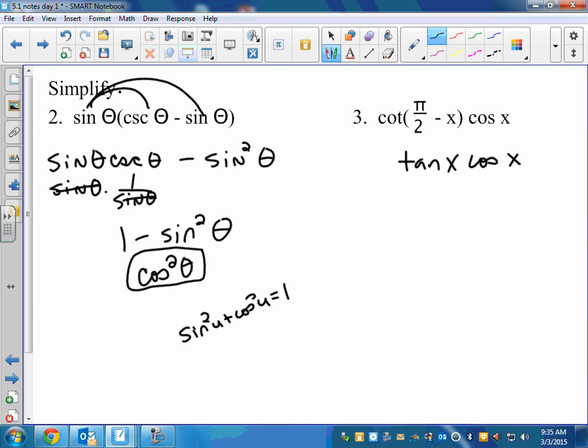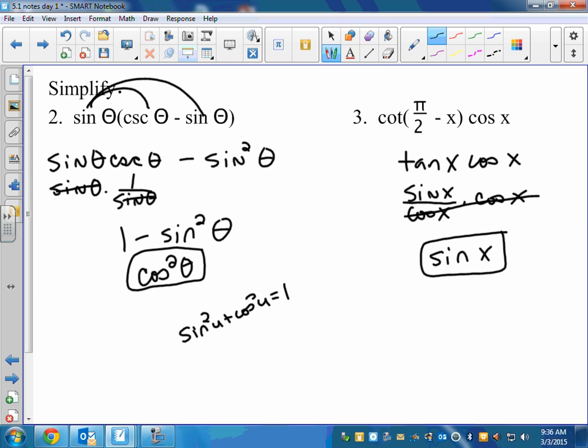Now what could we do? Could I rewrite tangent as sine of x over cosine of x? Oh my gosh! That's the same as just saying sine of x. I like this also because I love crossing things out.